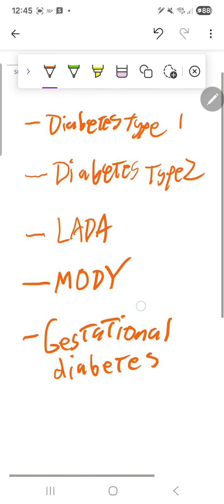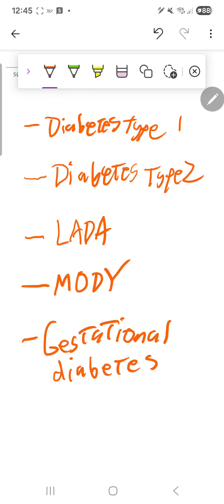And this is like diabetes that occurs because of pregnancy. Because when you're pregnant, you normally have an increased blood sugar level to a certain degree, but for some people, it can be very elevated. And this is because in pregnancy you normally have insulin resistance, which causes your blood sugar to rise.